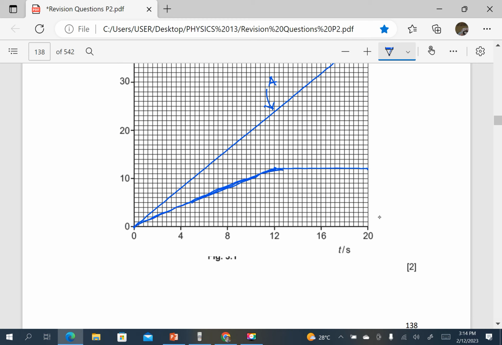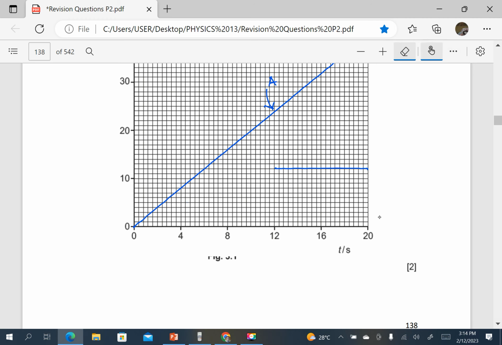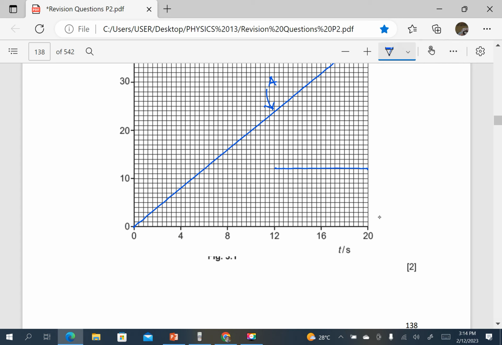I don't want it to look like it is a horizontal line, so I'm going to be forced to make it bigger. Okay, something like that.